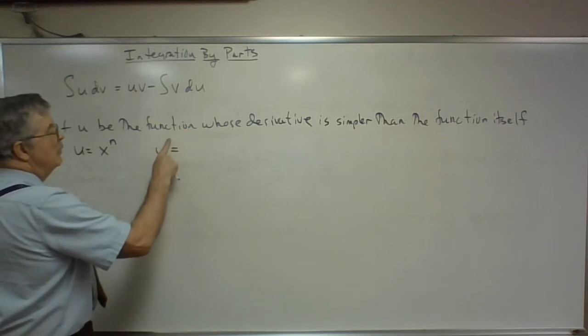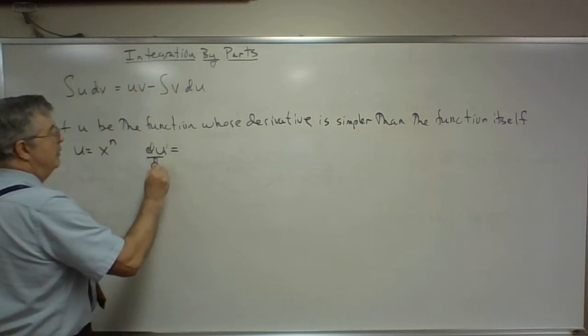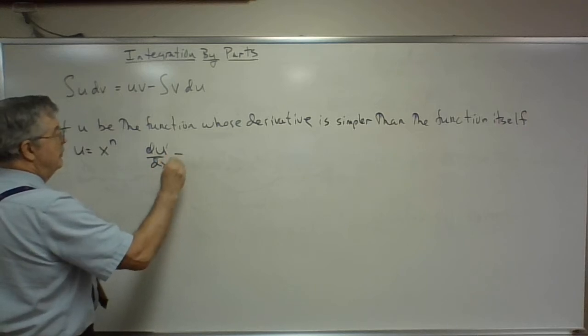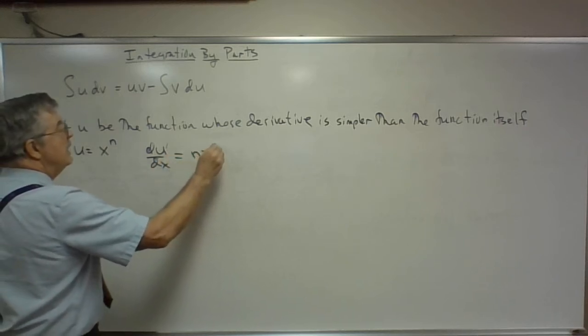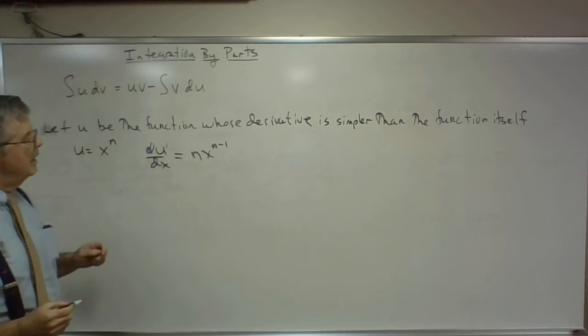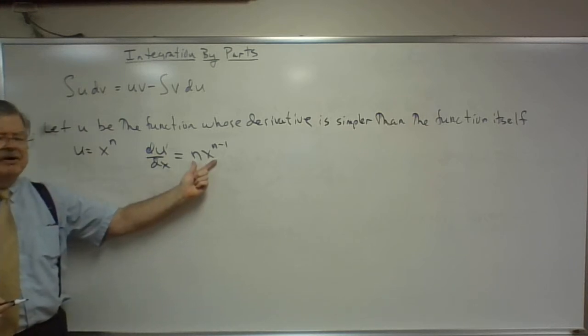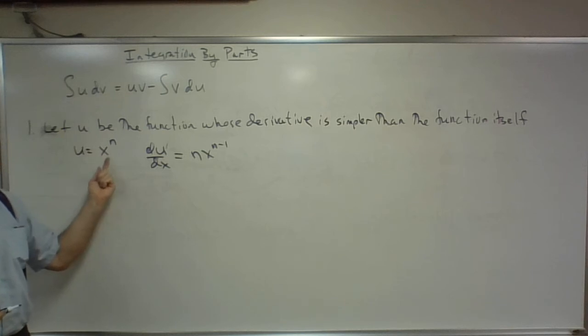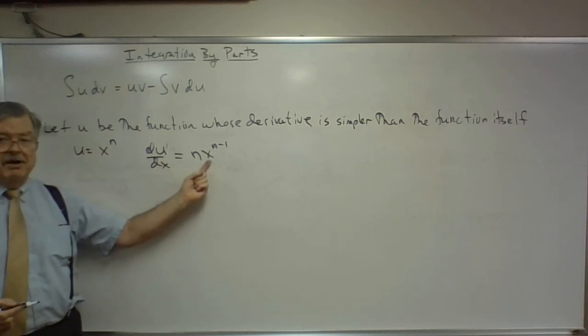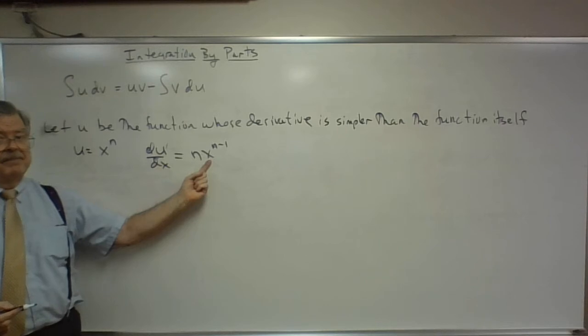U prime, or the derivative of u, is nx to the n minus 1. We would consider this to be a simpler function than the original because it's a monomial of lower degree.